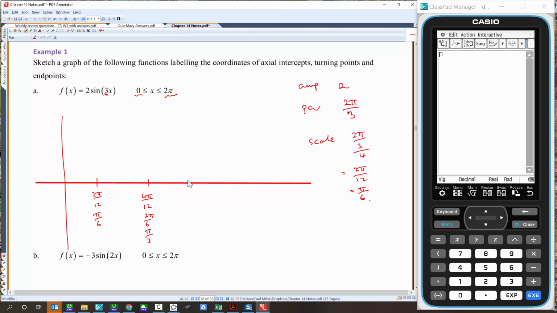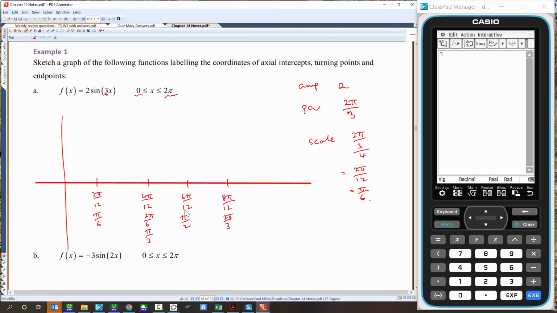That is going to be 6 pi on 12, which is pi on 2. And this is going to be 8 pi on 12, which is 2 pi on 3, which happens to be the period. They want this to go to 2 pi.